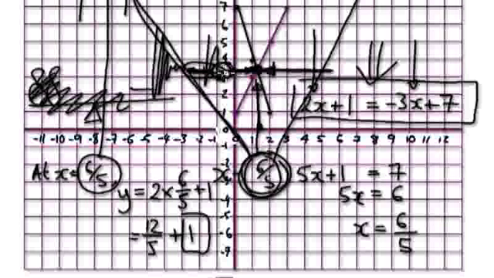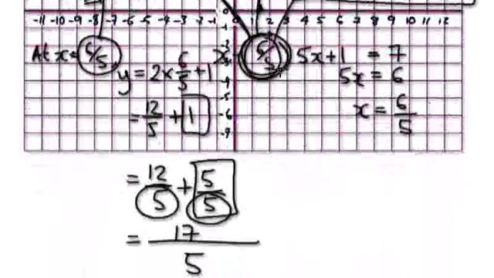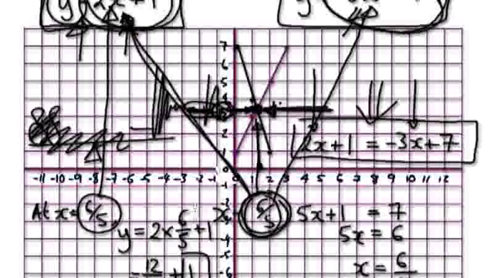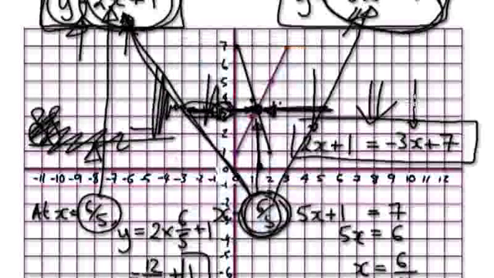So the y value at the point of intersection will be 17 over 5. You can leave it at 17 over 5, or you can jump to a calculator. 17 divided by 5 is 3.4.